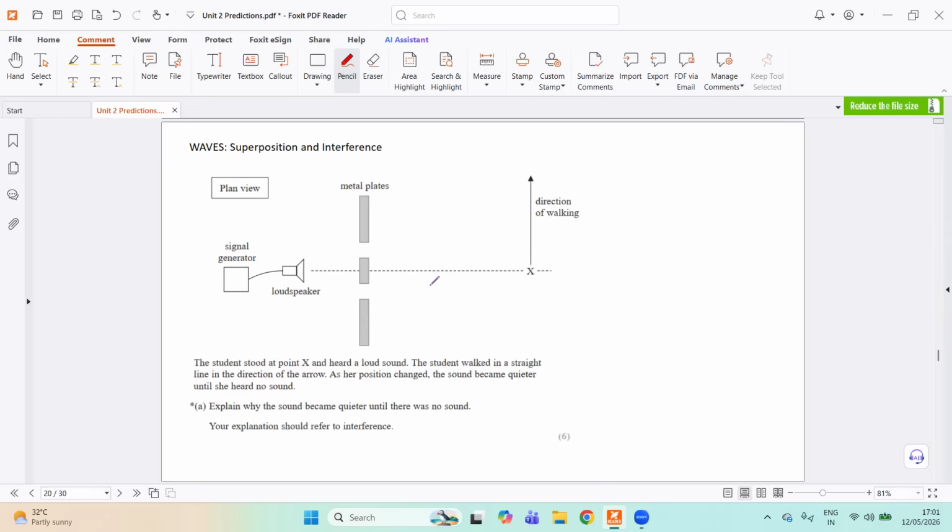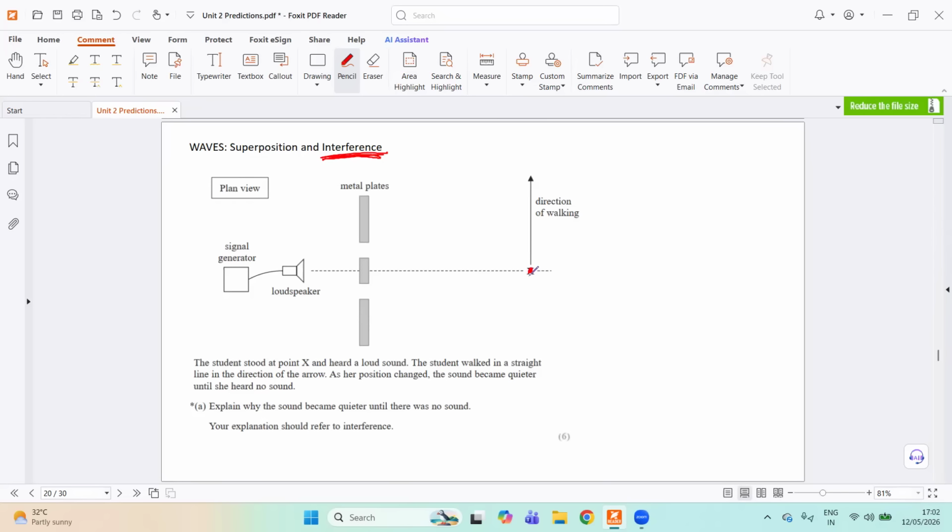Okay, so it's been several years that there has not been a question about interference. Okay, so what's going on here is wave comes out from here, diffracts from these two openings, and undergoes superposition.